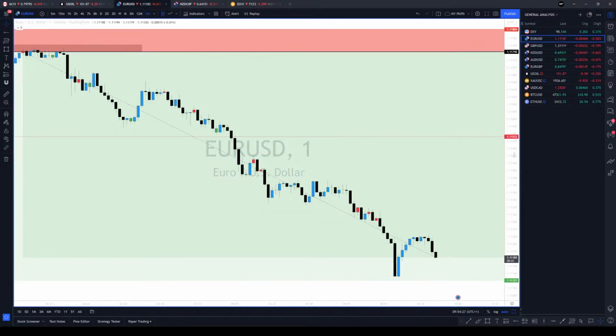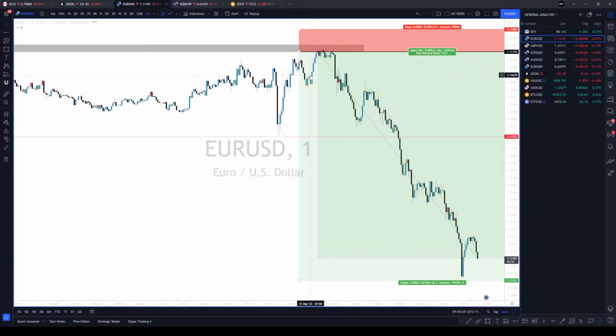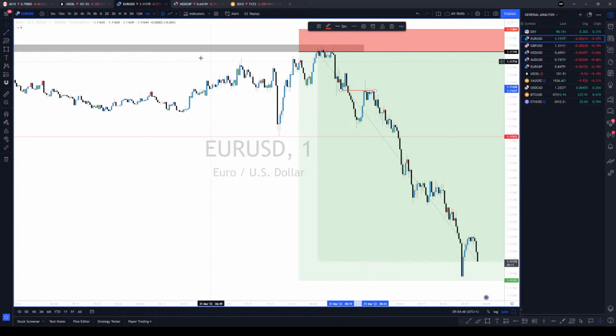Okay, so something like this, as you've missed the entry, every time price goes up and then it trades down, okay, you want to highlight the last down candle prior to the move up, and then you want to sell as price trades to that.